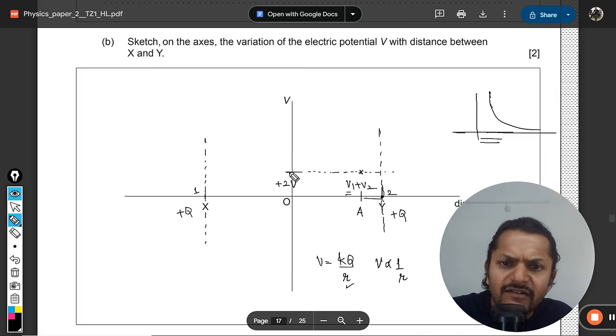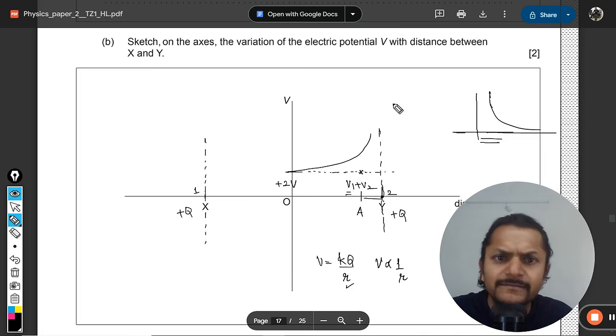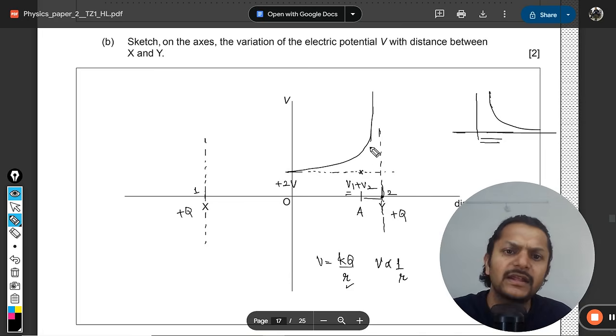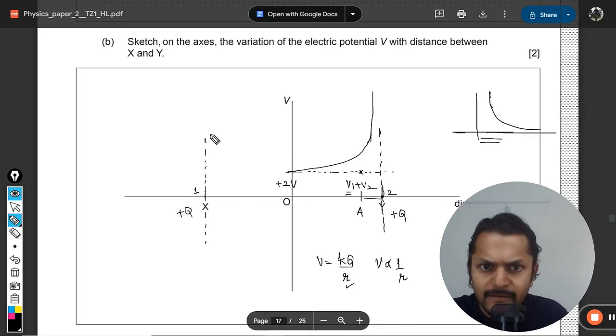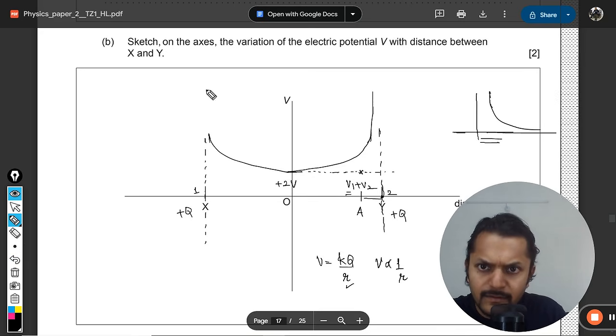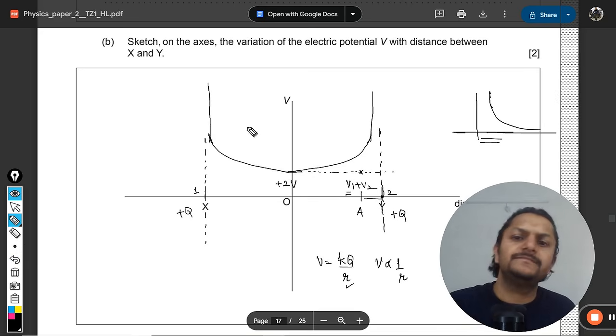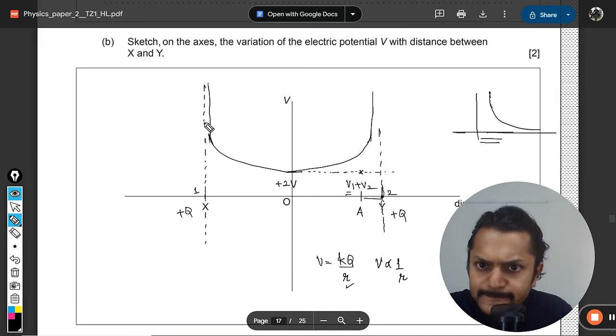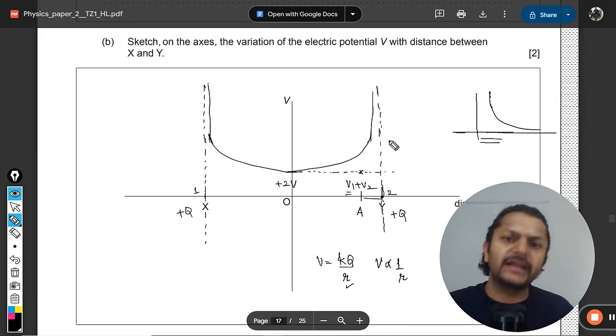It means that the graph should somewhat look like this, like this, like this.